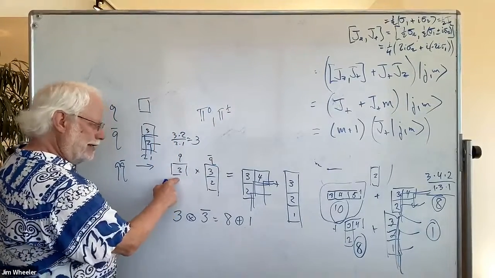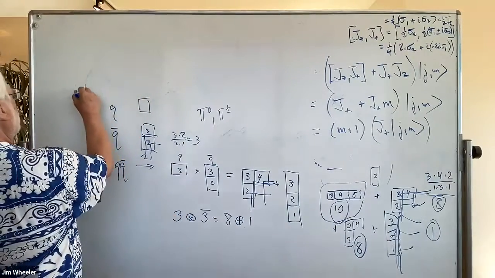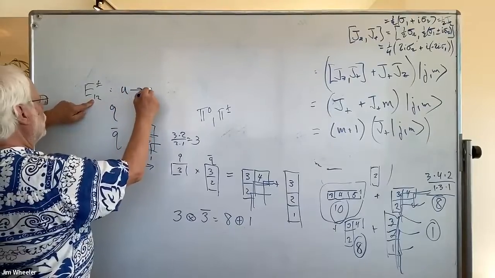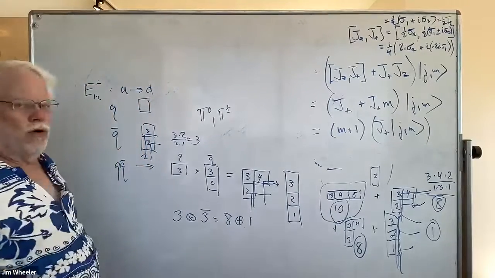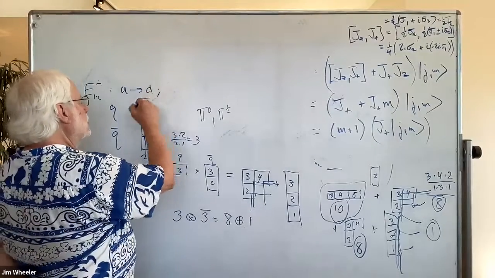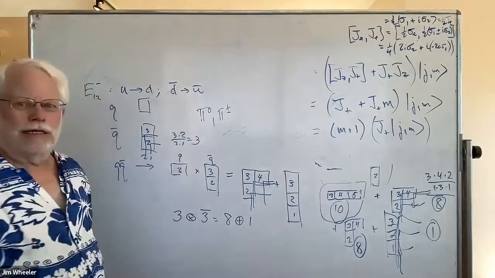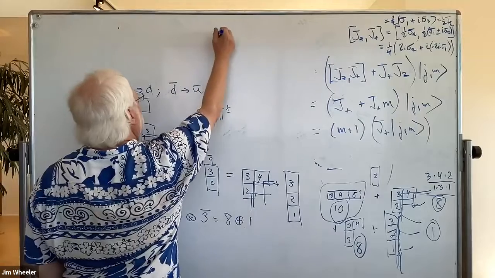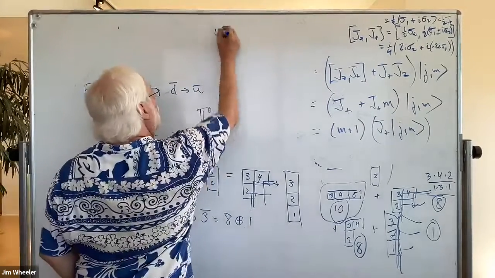SU3 has an SU2 subset, so we can work with the SU2 subset, and the raising and lowering operators there are the E12, and we'll see that these can take an up quark to a down quark, or a down quark to an up quark. Let's say E12 minus will take an up quark to a down quark. It can also take an anti-down to an anti-up. It can go either way. So let's start with a maximal state, a UU bar.